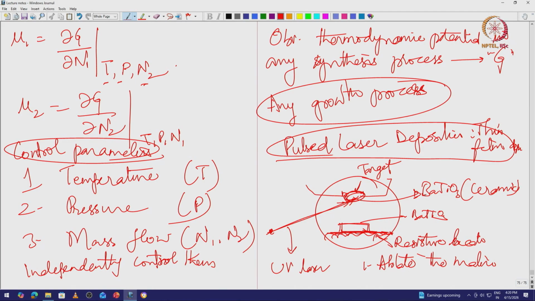I am creating a plasma phase of barium titanate, which contains barium, titanium, and oxygen ions, so all sorts of combinations of barium, titanium, oxide ions and so on. So, this plasma consists of all the high energy ions.